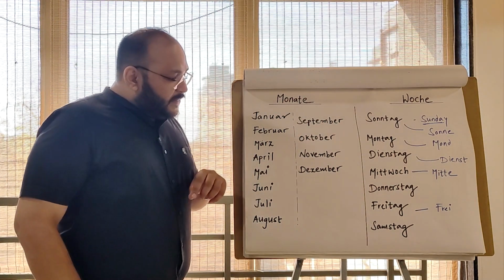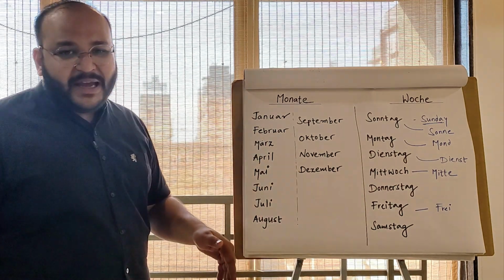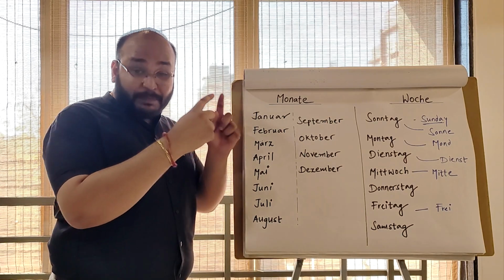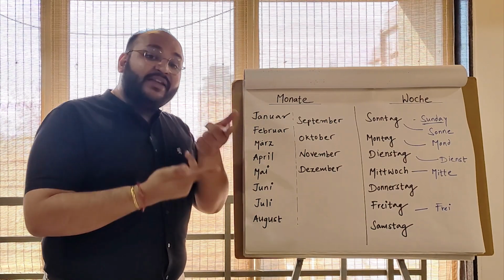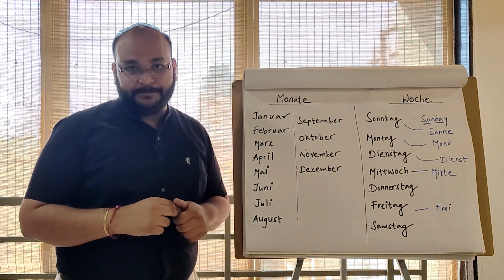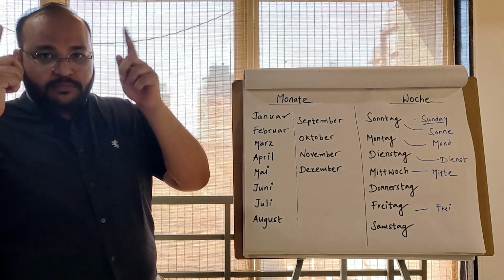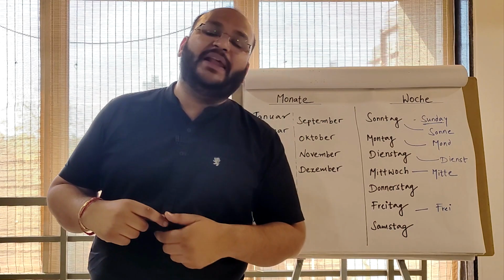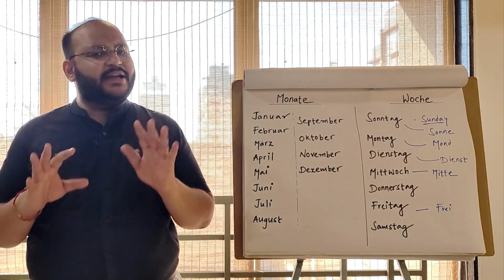Now, with this much background and practice of reading German words, let's do the reverse. I'll say some German words and you will have to make the spellings. Super easy and super fun.